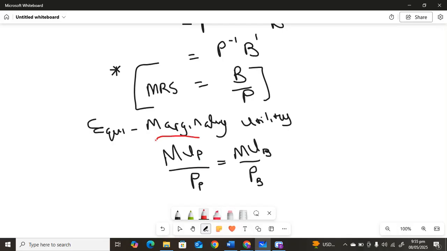So what this represents, this one, is the additional satisfaction per one kwacha spent on pork. MUP over P is just the additional satisfaction per one kwacha you spend on pork.